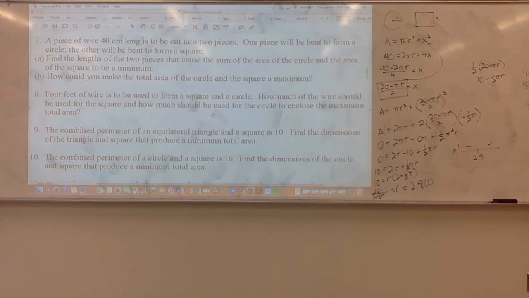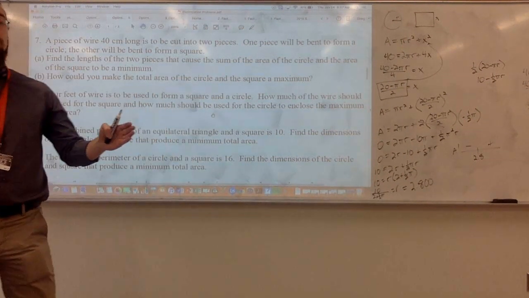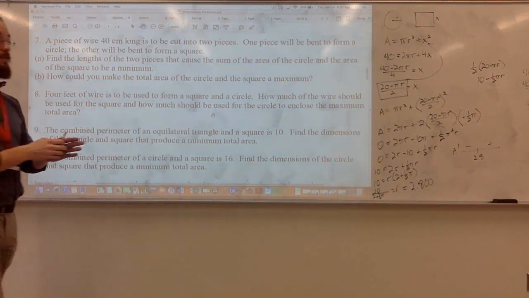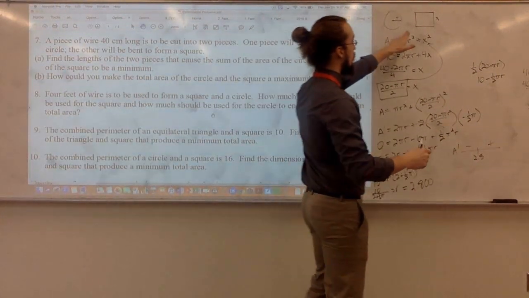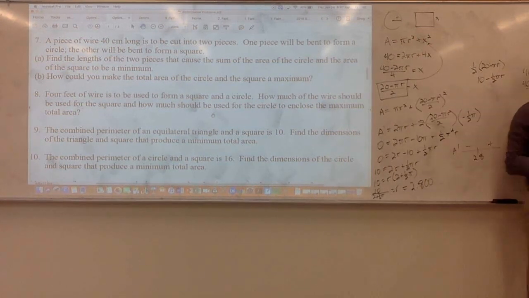Well, just for part A. We have to find the perimeter. Right? It says find the lengths of the two pieces. We're taking a 40 centimeter long piece of wire and cutting it in one spot. So we need to find what the entire perimeter of each of these pieces is going to be. So it wants the lengths of each of the two pieces of wire.